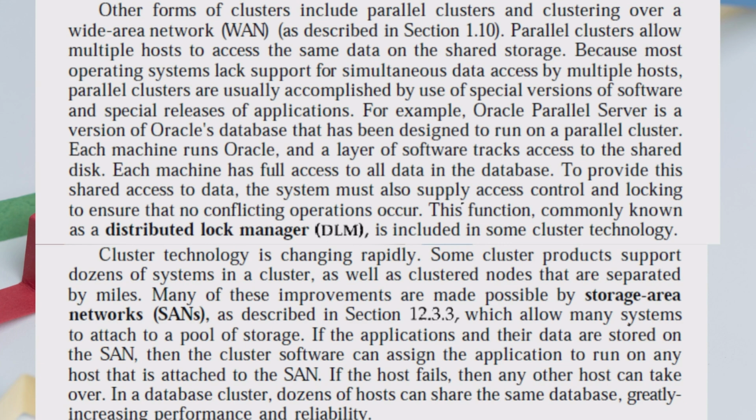Each machine runs Oracle, and a layer of software tracks access to the shared disk. Each machine has full access to all data in the database. To provide this shared access to data, the system must also supply access control and locking to ensure that no conflicting operations occur. This function, commonly known as a distributed lock manager, is included in some cluster technology.